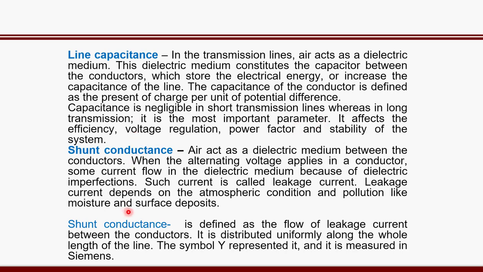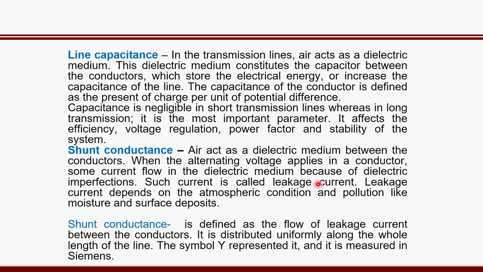Then the third parameter is shunt conductance. In this case, the air is acting as a dielectric medium between the conductors. When an alternating voltage is applied to the conductor, some current will flow in the dielectric because of dielectric imperfections. Such current is known as leakage current.